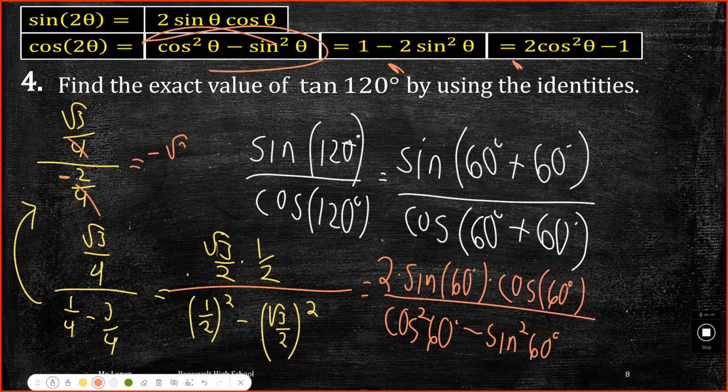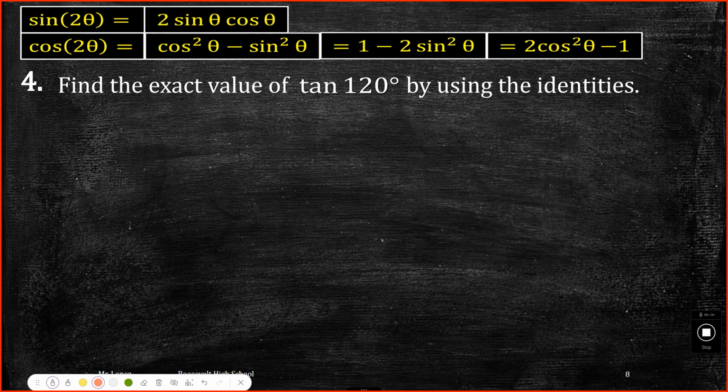Negative root 3 over 2. This is elaborate, but the answer was that, and it always works out. Is that it?